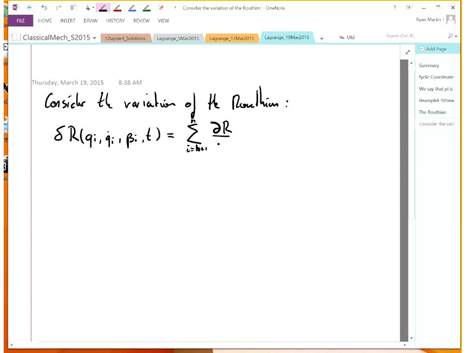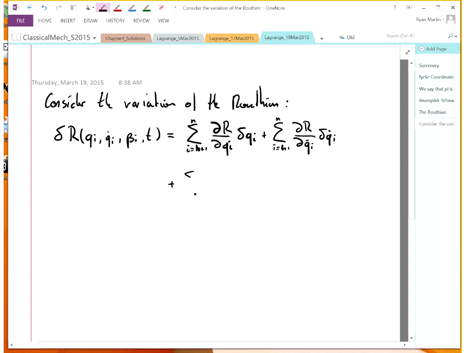So the chain rule term that comes from them is partial R by partial q_i, delta q_i. And we have a similar term from the q_i dots. That's the sum from i equals k plus 1 to n of partial R by partial q_i dot, delta q_i dot. Then we have the beta_i's.